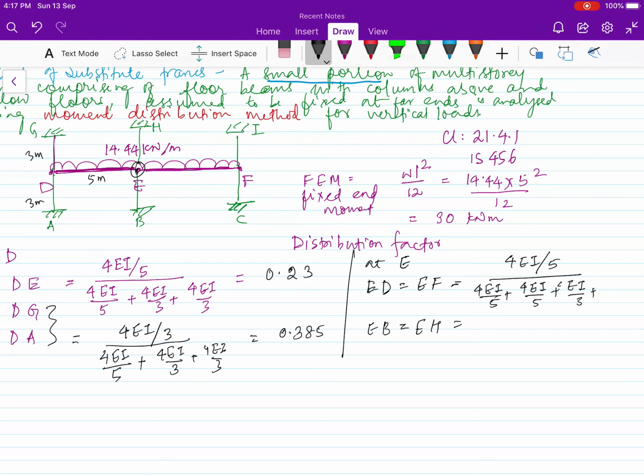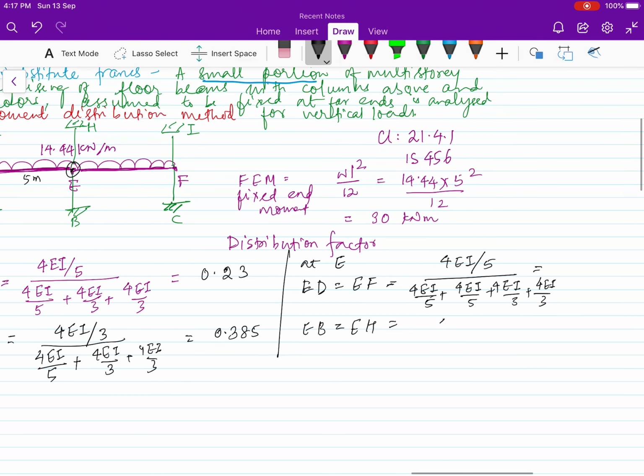So 4EI by 3, 4EI by 3. In the same manner, here we will have 4EI by 3 meter for the columns, then summation of all the stiffness of the 4 members joining the point E.